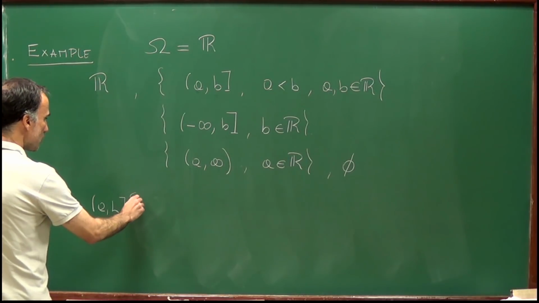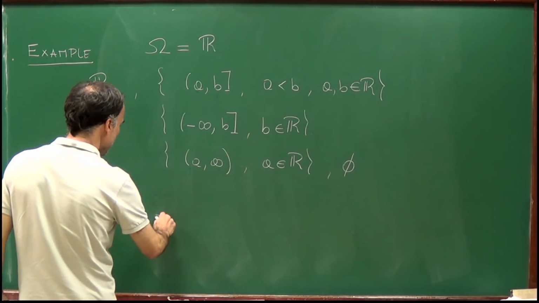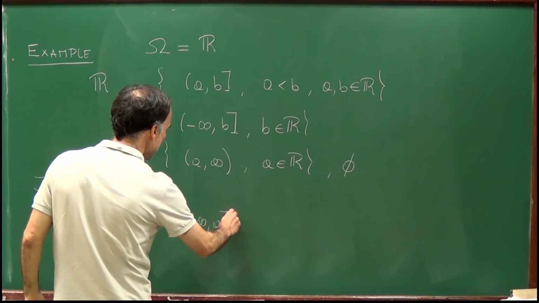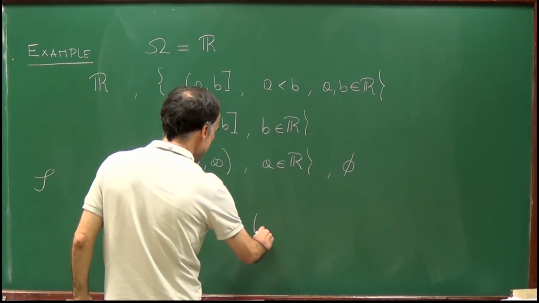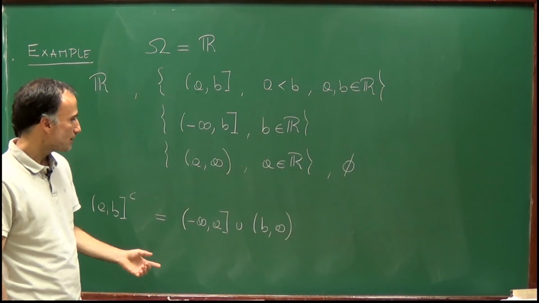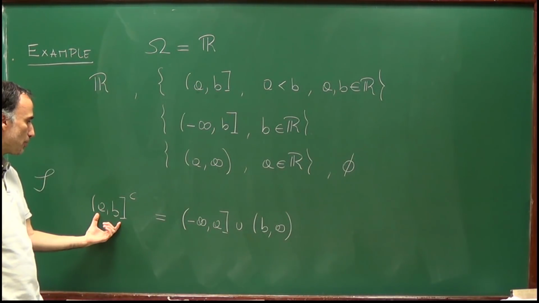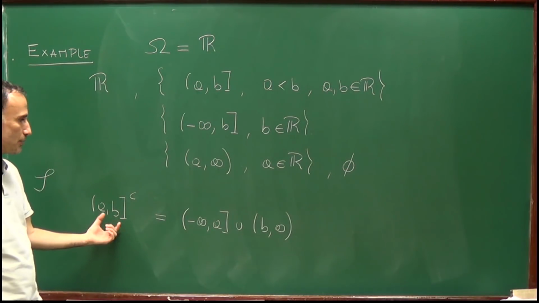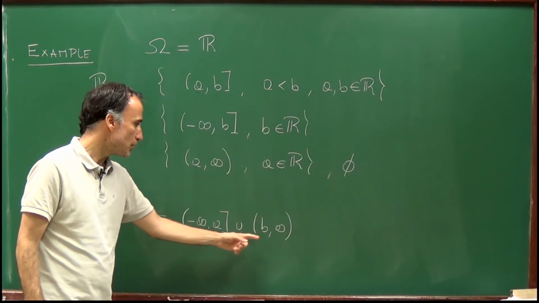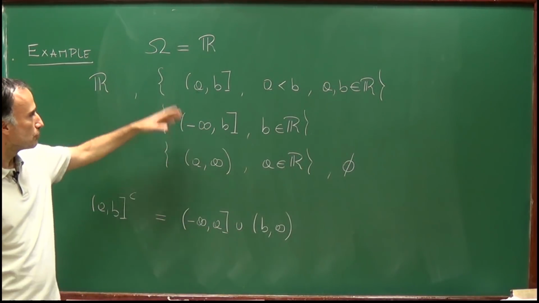Well, it's clear that the complement of the interval AB is just the set minus infinity A union B infinity, so that you're writing the complement of this element as the disjoint union of two sets which belong to this class, right?